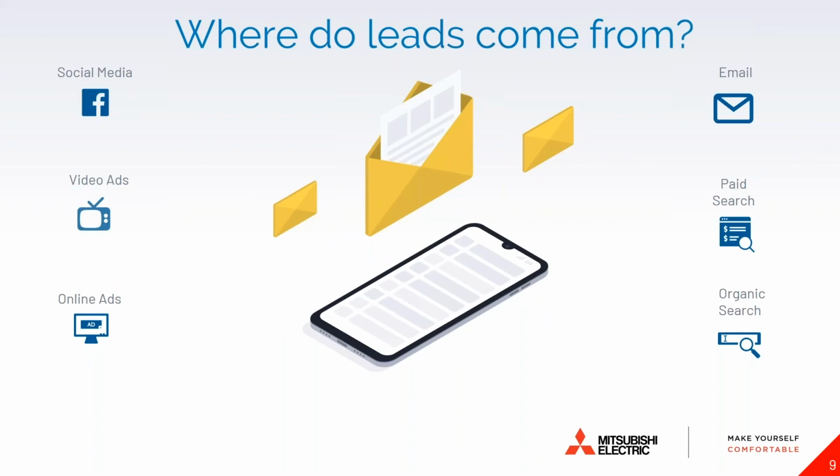So once we get that email address, we put it into an email drip campaign. And what happens with that is we will send that consumer emails periodically to help warm that lead up, to get them to come back to our website and put in a contact us form that we then turn into a lead and then get sent out to our contractors.